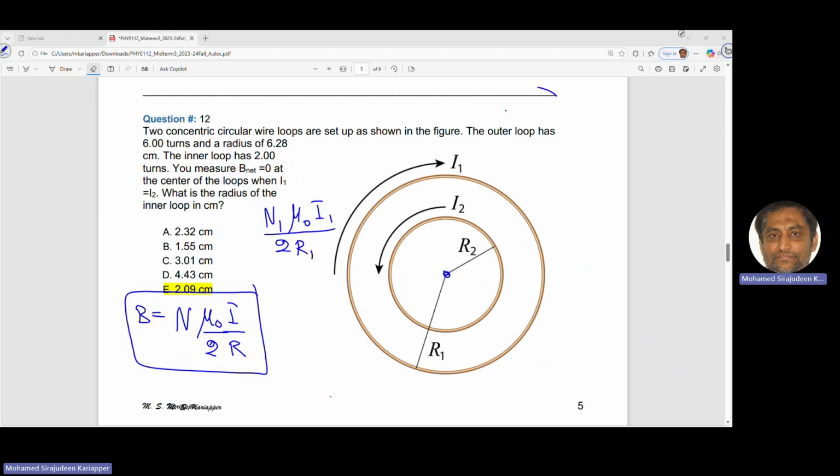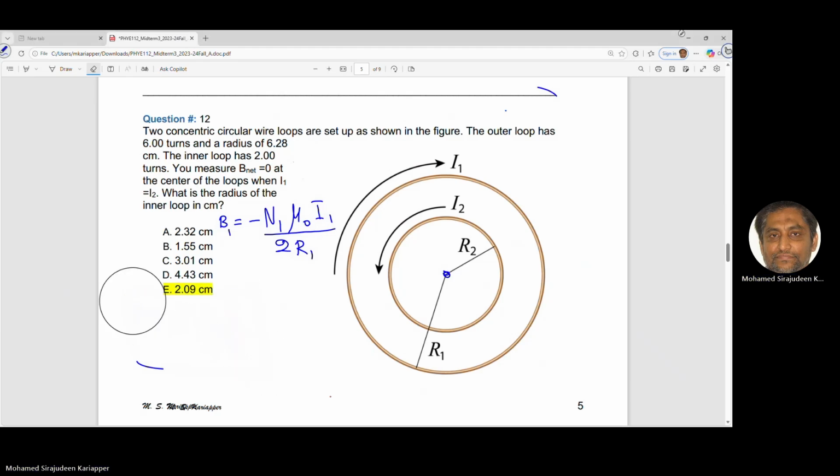And I know that it is into the board, so I put a negative sign. They are all magnitudes, so I have to put a negative sign to get the correct direction into the board. B2 will be plus, we already know it is plus, N2 mu 0 I2 divided by 2 R2.